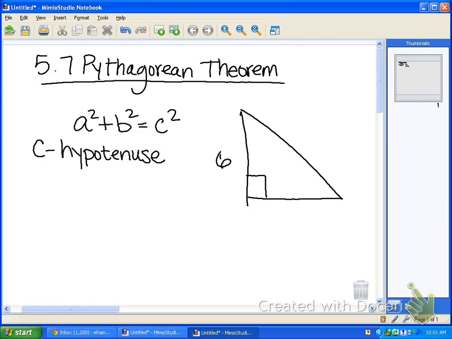I'm going to give you this side is 6 and this side is 4, and I want you to find the other side. Let's see if you remember how to do it.